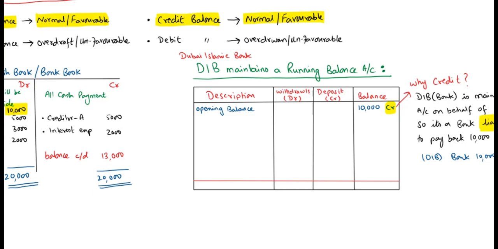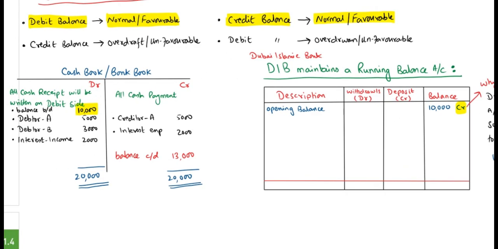So now move ahead. Now you support me to record all the transactions. Debtor A we will debit. So what will happen in the passbook? Will we write on the debit side or credit side? I want to write this 5,000 debtor A. Should debtor A be written on the withdrawal side or deposit side? Can you tell me?